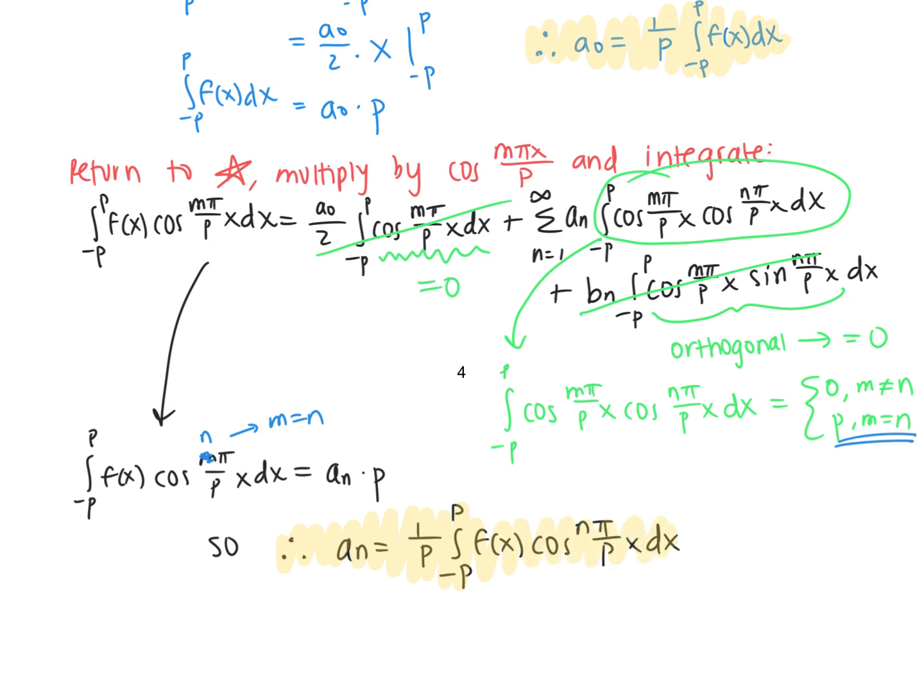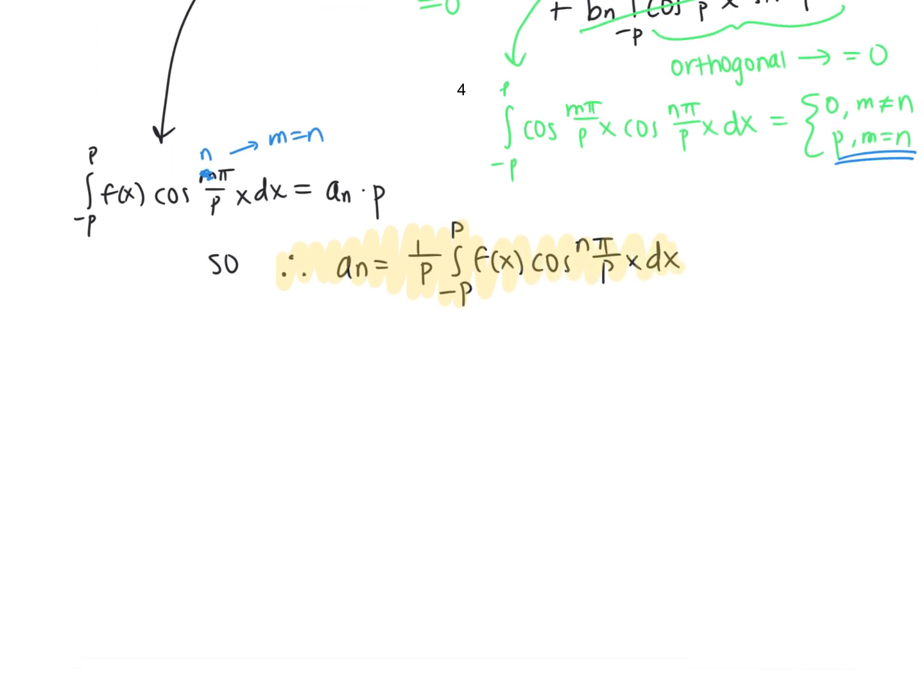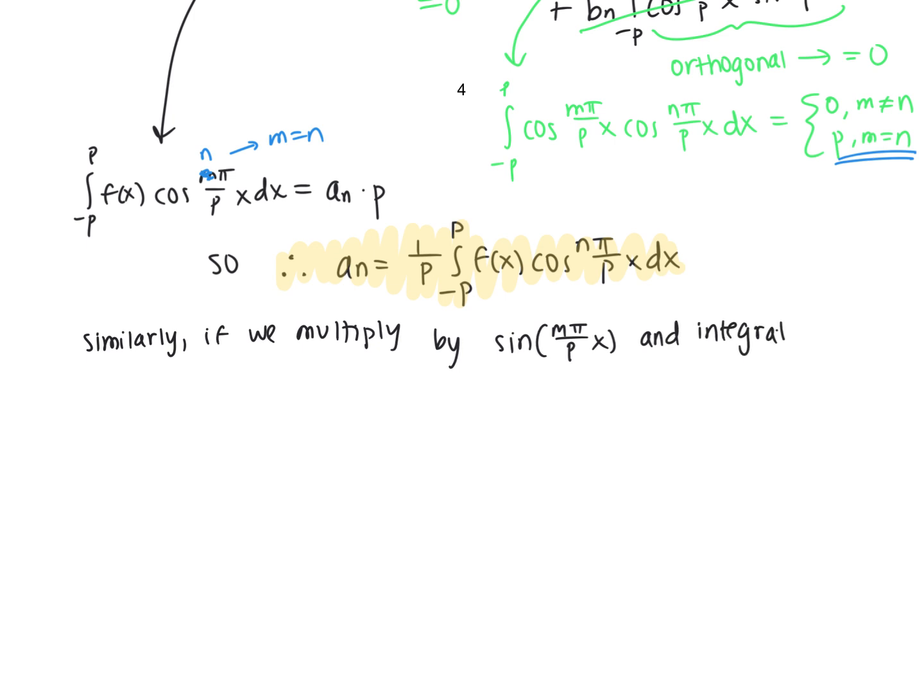Last thing we need is a formula for b of n. I'm not going to go through deriving it, but I will tell you that similarly, if we were to multiply, this time by sine of m pi over p x and integrate, we would get the formula for b of n, which is 1 over p, the integral from negative p to p of f of x sine of n pi over p x dx.